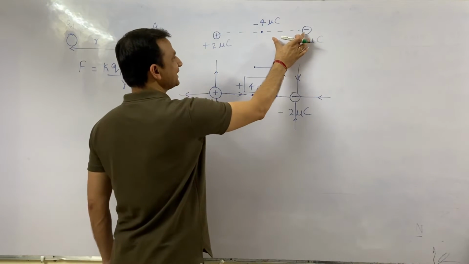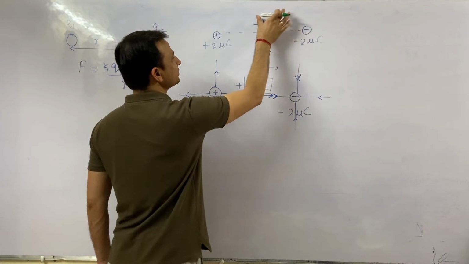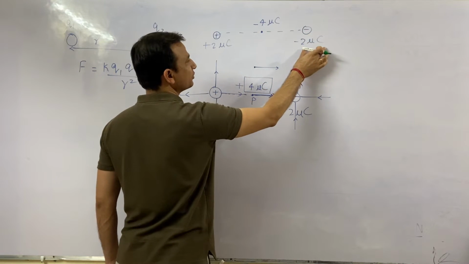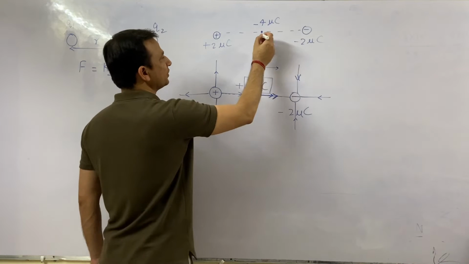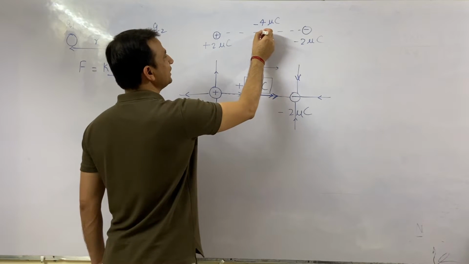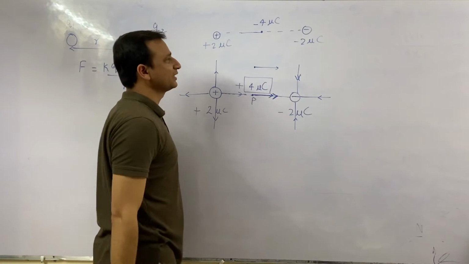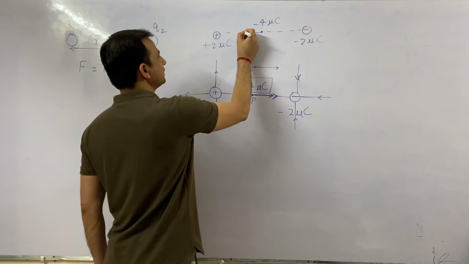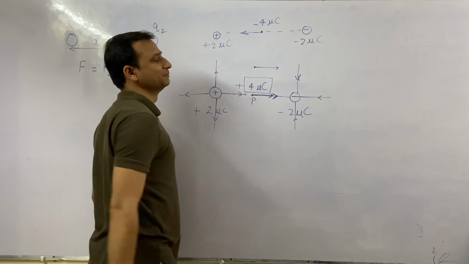So now in this case, this 4 microcoulomb is negative, and this minus 2 microcoulomb towards the right side is negative. So negative and negative, they repel each other. So the force acting on this minus 4 microcoulomb charge is towards the right side.